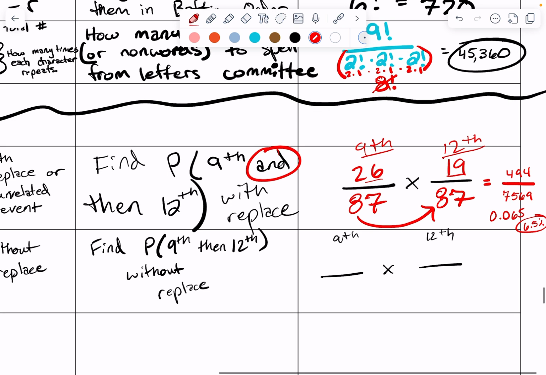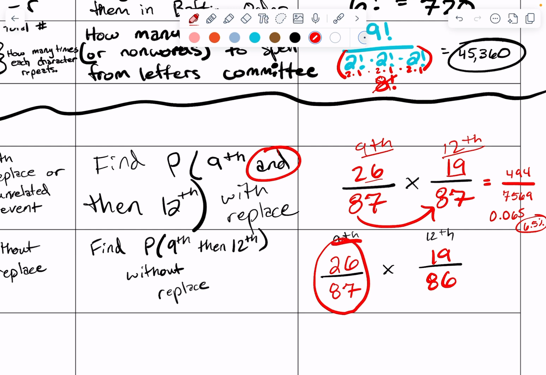So the only thing that's going to change: there's still 26 out of 87 ninth graders. Now there are 86 kids. Do I have to subtract from this top number? Is that still 19 or is it 18 now? It is still 19 because we are assuming that when I wanted a ninth grader here, I did in fact choose a ninth grader. So that means there are still 19 12th graders, okay?